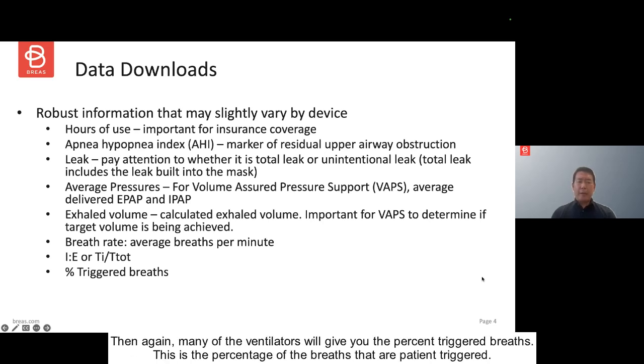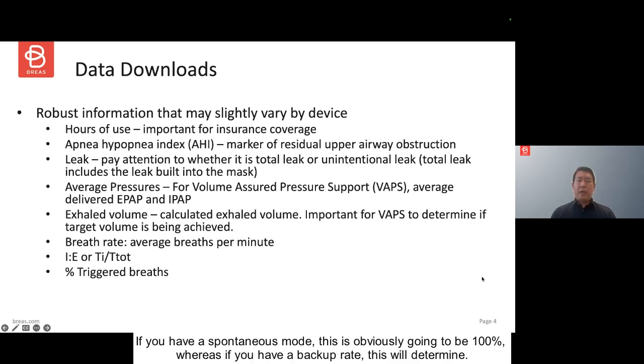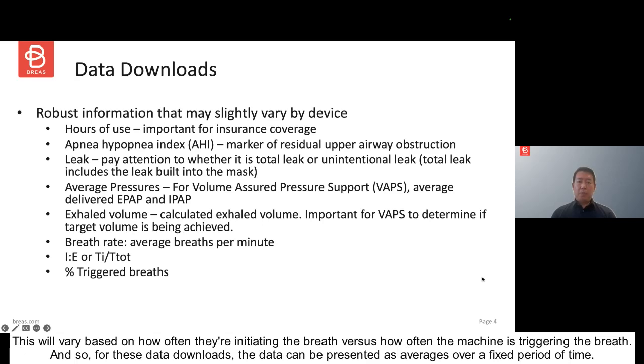And many of the ventilators will give you the percent triggered breaths, the percentage of breaths that are patient triggered. If you have a spontaneous mode, this is obviously going to be 100%. Whereas if you have a backup rate, this will vary based on how often they're initiating the breath versus how often the machine is triggering the breath.